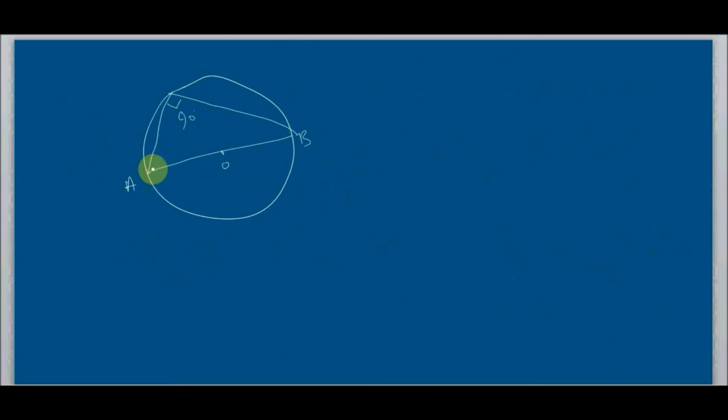That means if I also draw an angle at this point, this will also be 90 degrees. If I draw the angle at this point, this will also be 90 degrees. Clear?